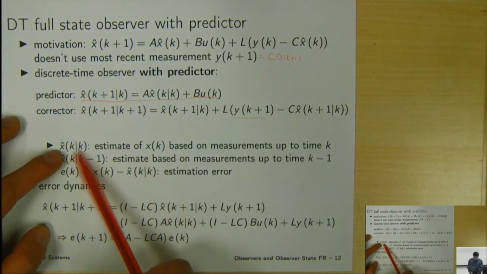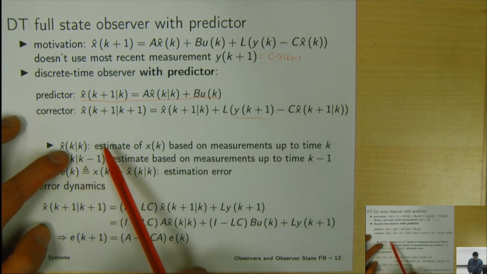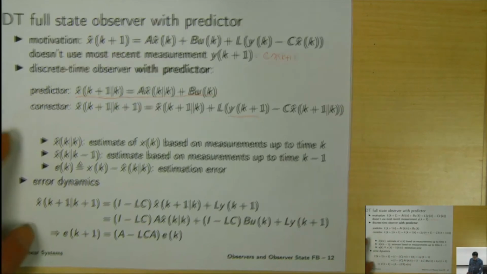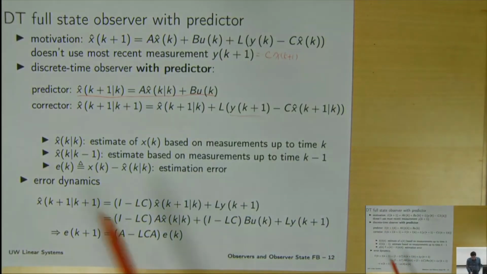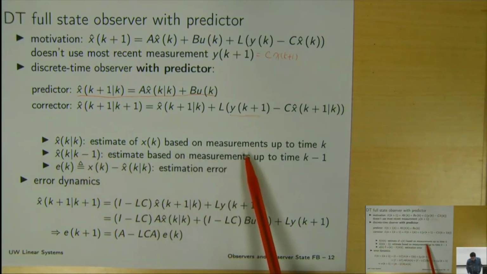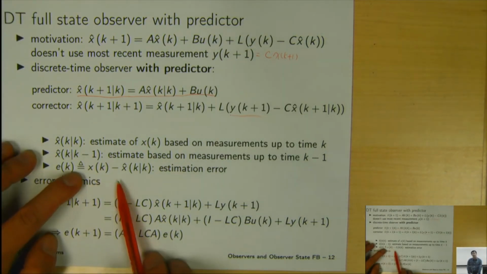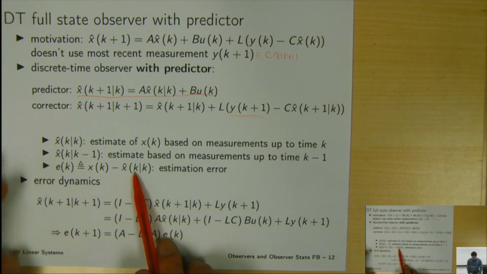Formally, x hat k given k is the estimate of x k based on all the measurements up to time k. If it's k minus 1, it's based on all the measurements up to time k minus 1. And then the estimation error is defined by x k minus x hat k given k.